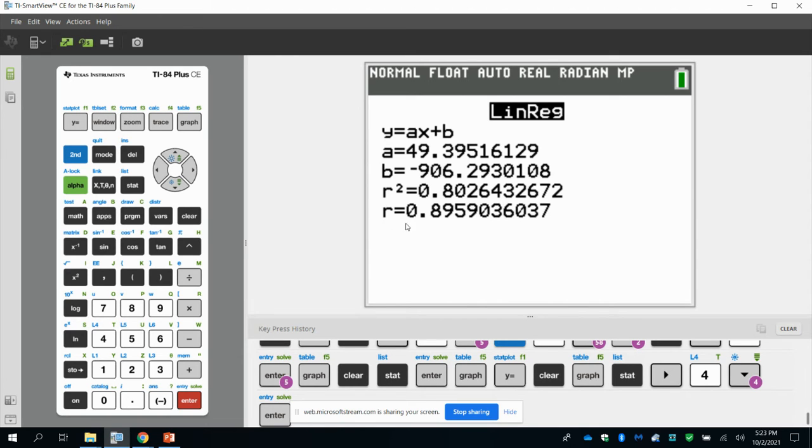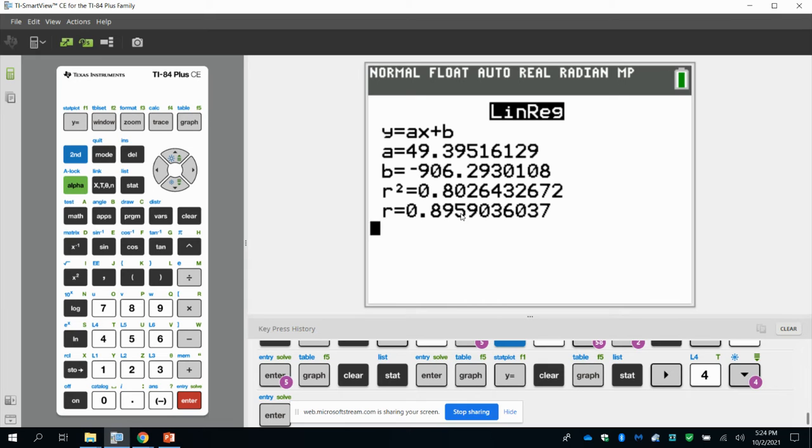If R is 0 or close to 0, that means the two variables x and y have no linear correlation. If R is close to +1, it indicates a positive correlation, where the line slope is increasing. If R is a negative number close to -1, then it's a strong negative correlation between the two variables.